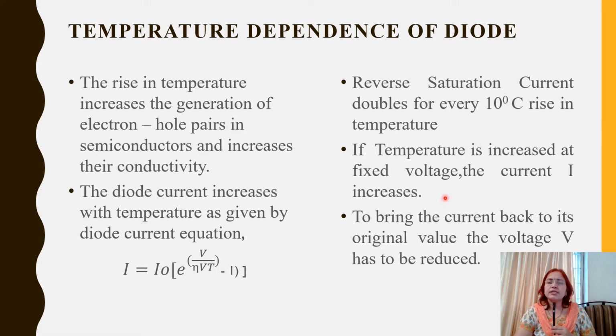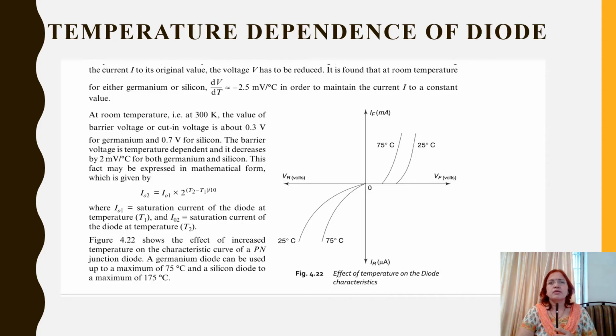If temperature is increased at a fixed voltage, the current I increases. To bring the current I back to its original value, the voltage V has to be reduced. It is found that the reduction in the supply voltage with change in temperature should be 2.5 millivolt per degree Celsius rise in temperature in order to maintain the current I at a constant value.